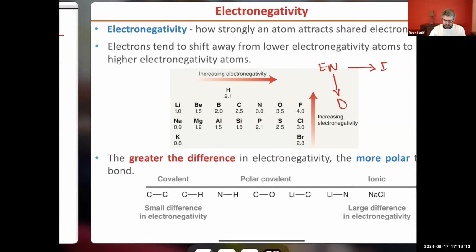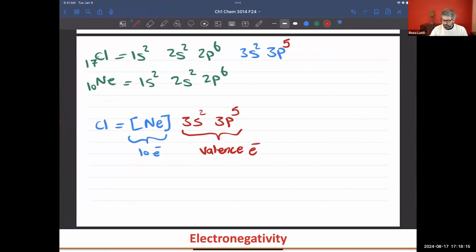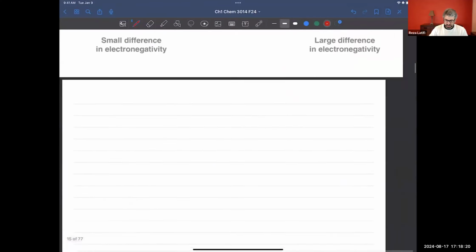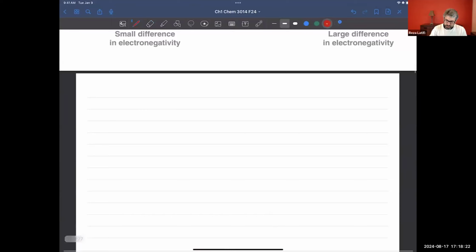For example, say we have sodium, next aluminum and chlorine, versus sulfur.